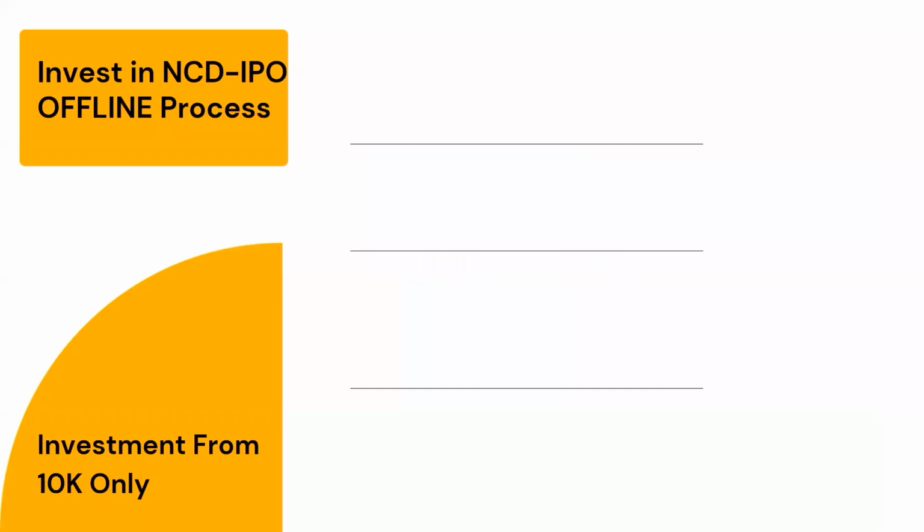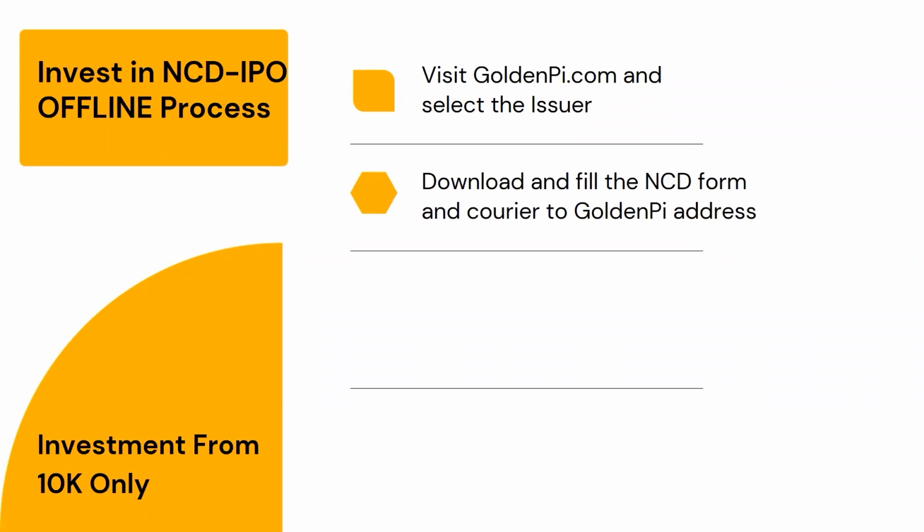There is also an offline process for investors, especially investors who are looking to invest beyond 10 lakhs. It's also a fairly simple process. You can visit the platform once again, select the issuer, then download the form from the platform. An email is sent to your registered email address, wherein you will have a form to fill up and a sample form which is already filled up. You can go through that and fill in the equivalent details in your application form, sign it and courier it to the Golden Pie address.